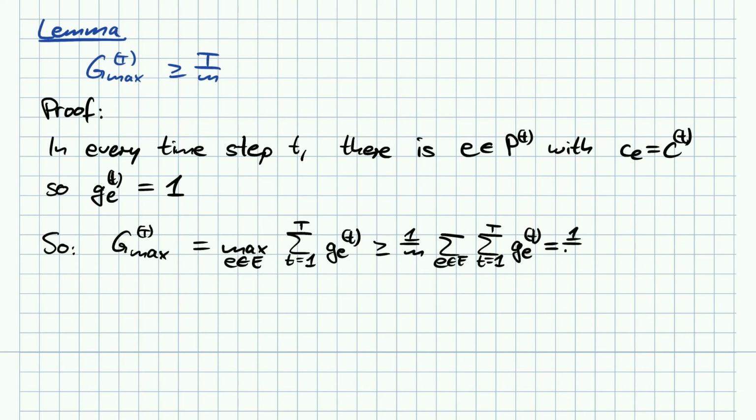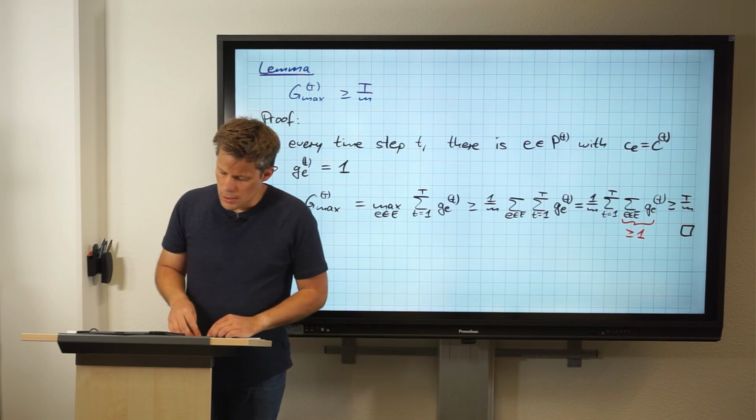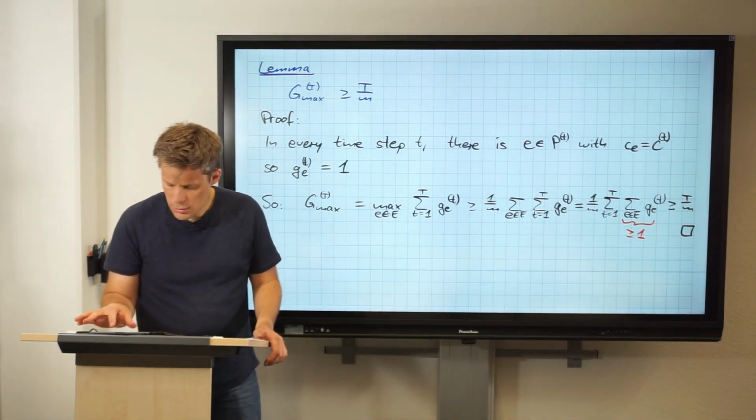So we could reorder this sum. And now this thing here will be at least 1. So overall this will be at least capital T divided by M. Good.